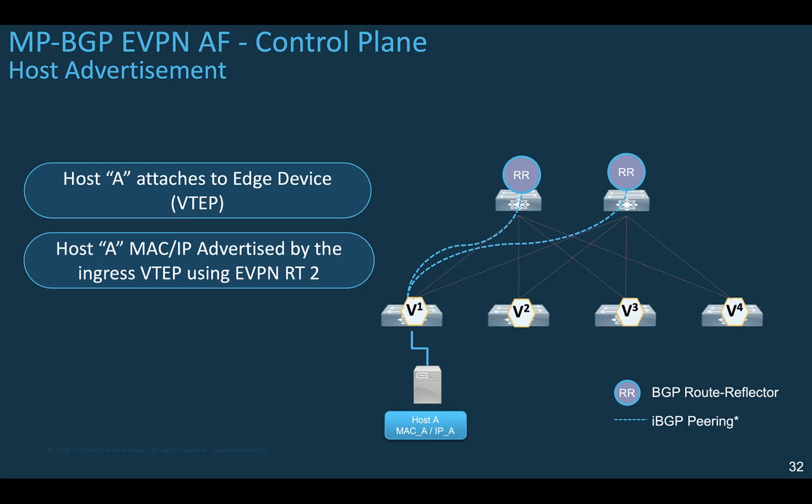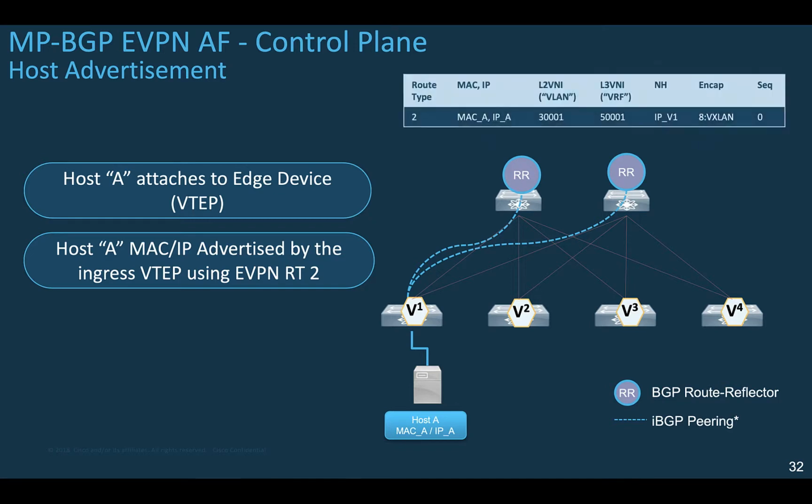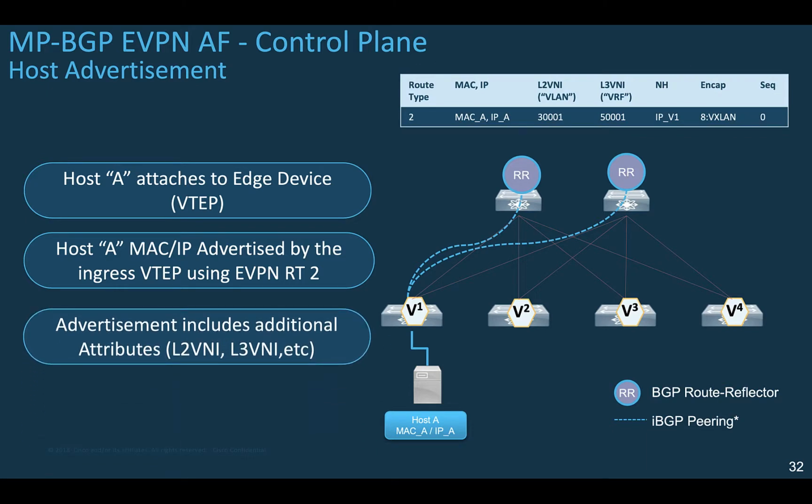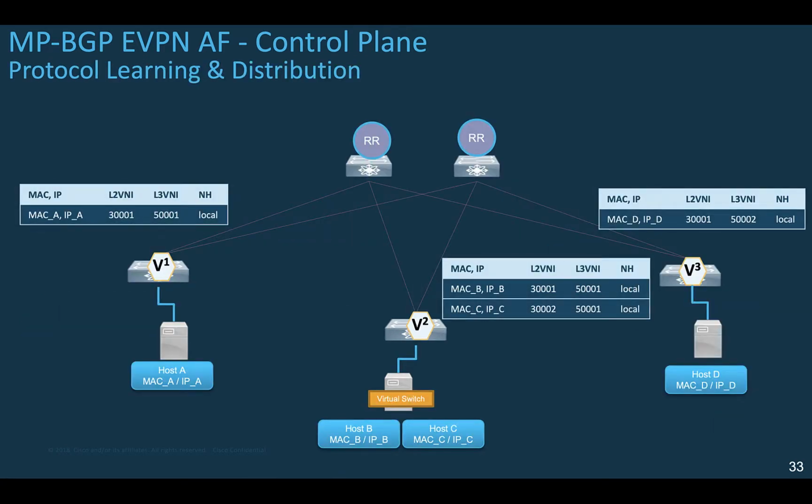First, the MAC address is mandatory, and the IP address in case the fabric is configured in layer 3 mode. And there are additional route attributes advertised, such as the MPLS label 1, which is the L2 VNI, and the L3 VNI, which is the MPLS label 2.